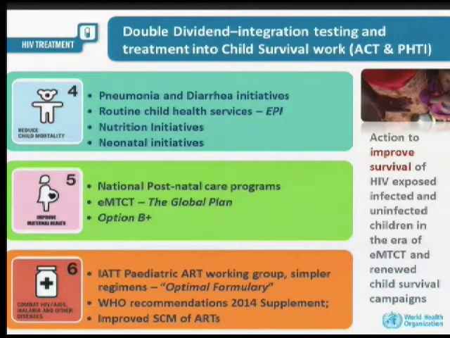I should bring up that UNICEF and WHO, along with several other partners, have been working on the Double Dividend initiative since 2013, which is really to look at interventions that integrate pediatric testing and pediatric ART into child survival activities.